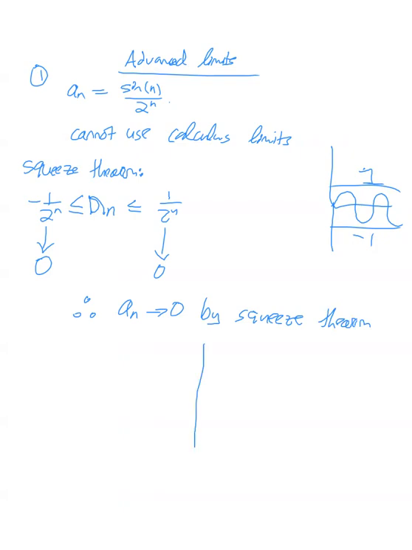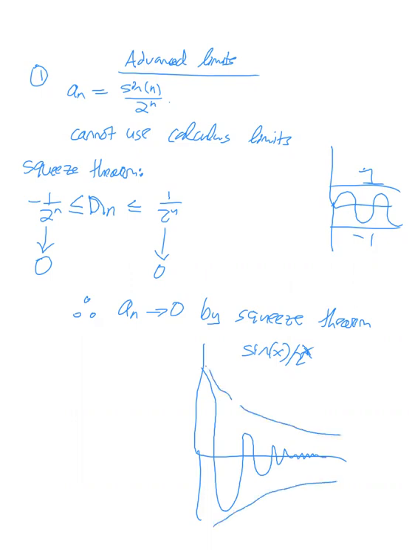The pictorial version of what's going on here is actually this. This is what sine of n divided by 2 to the n actually looks like. So it's oscillating, but the oscillations are damped. And here's the envelope of 1 over 2 to the x and -1 over 2 to the x.